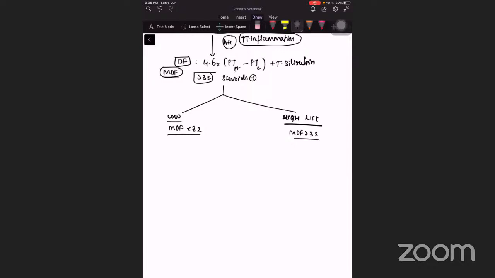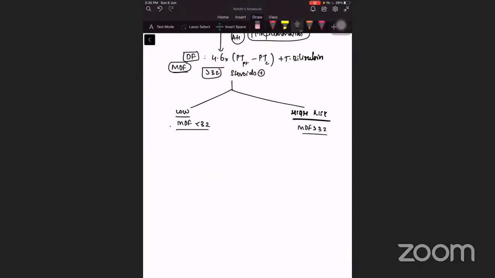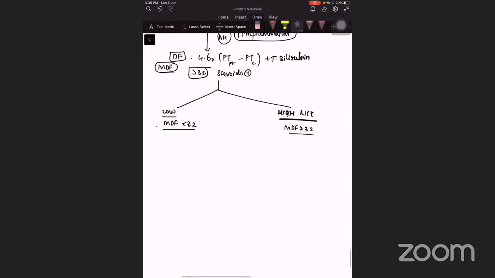What we essentially look for is the NLR, the neutrophil lymphocyte ratio, because we have to look at whether the patient is going to be responsive to steroids. Otherwise the patient is only going to be managed conservatively.